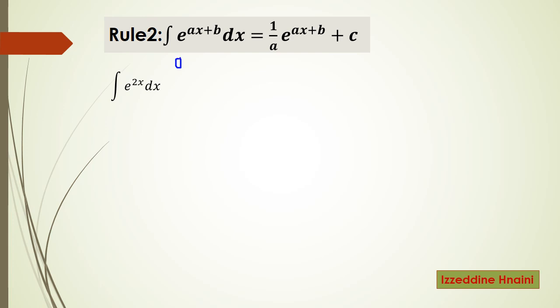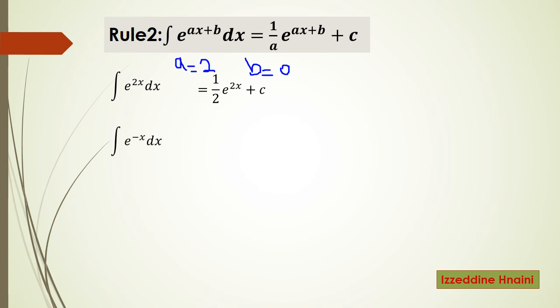Also here a equals 2 and b equals 0. We apply the rule, then it is 1 over a, that is 1 over 2 e^(2x).